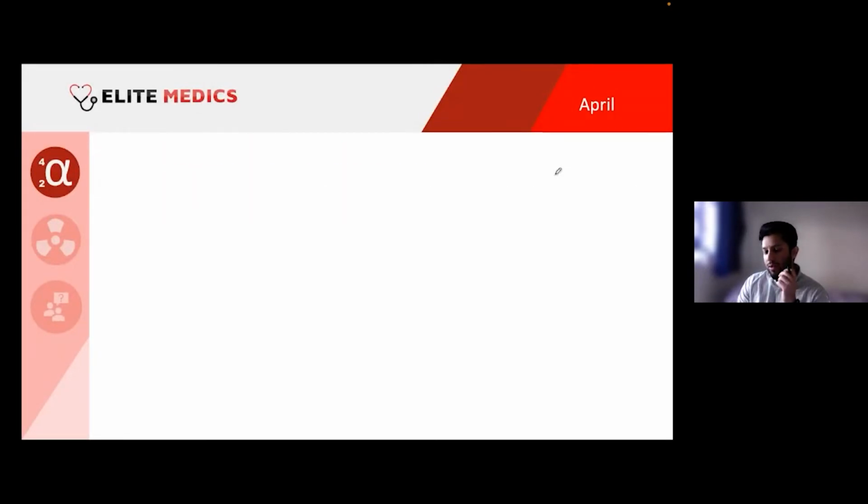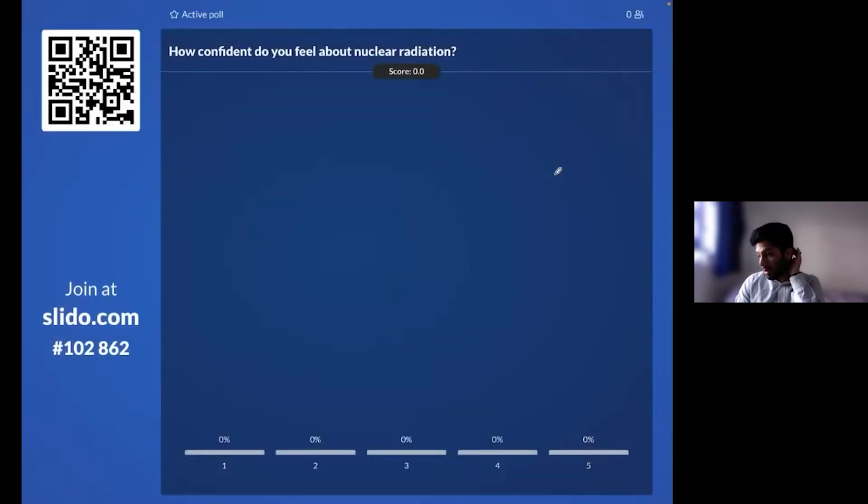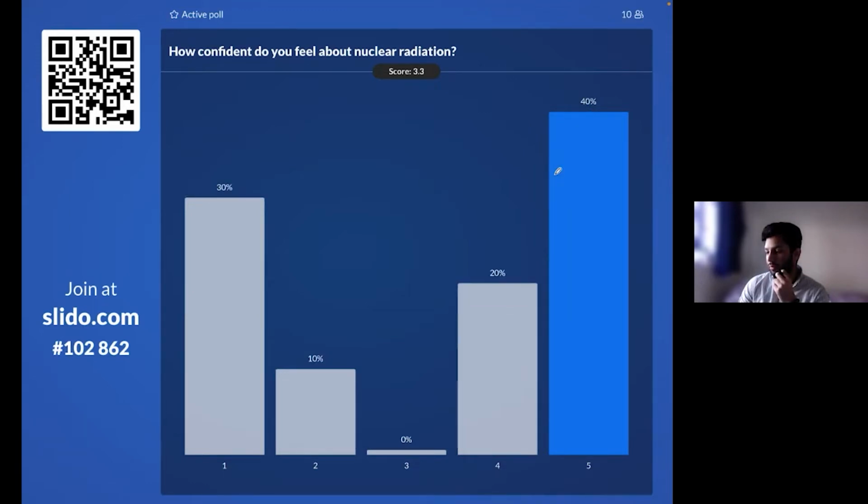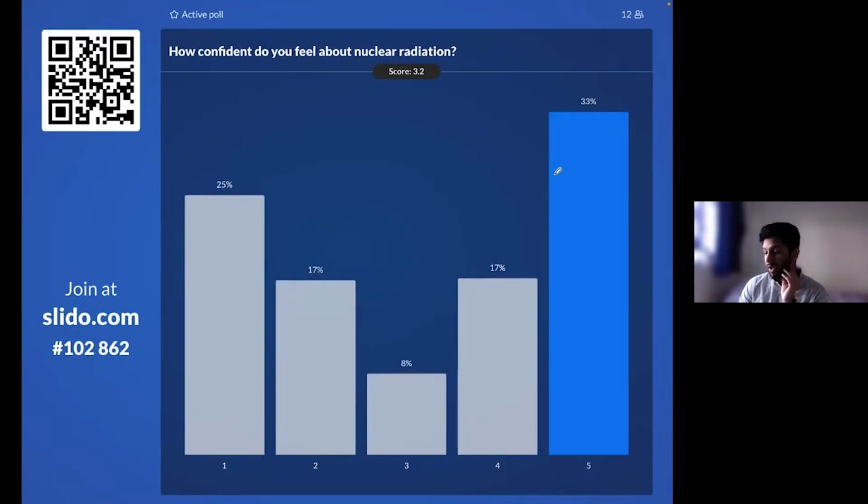So, before we go any further, could I just gauge how confident you guys feel about nuclear radiation? Okay, so relatively even split between the fives and the ones.